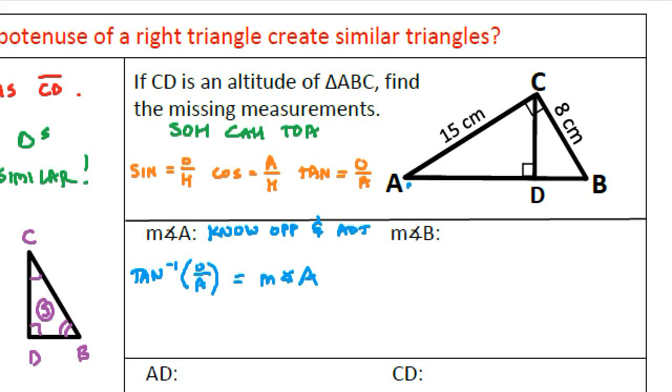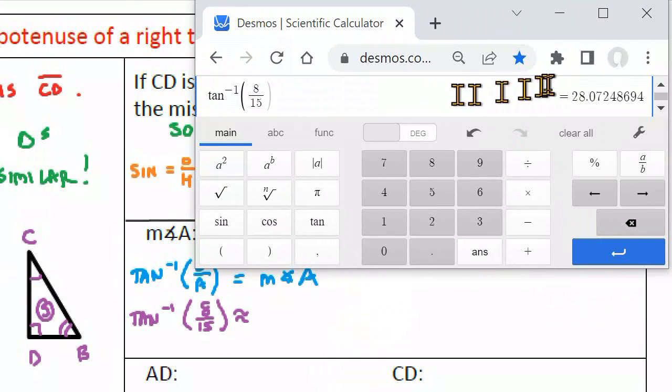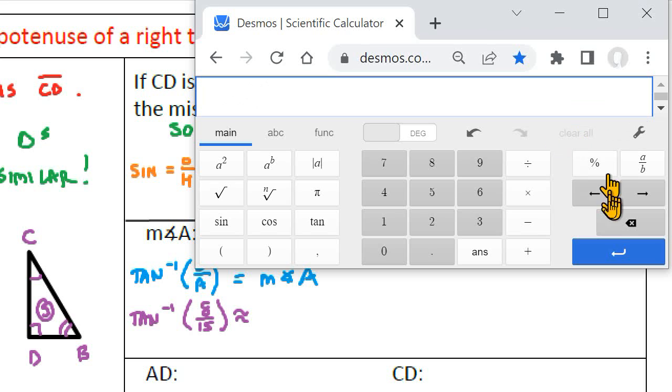Let's plug in the things that we know. So inverse tangent of opposite, which was 8, over adjacent, which is 15, and let's put that in our calculator and find the measure of angle A. I'm going to use the Desmos calculator.